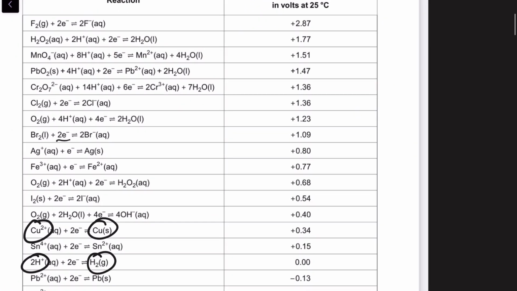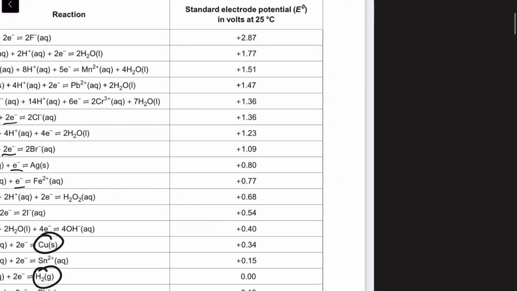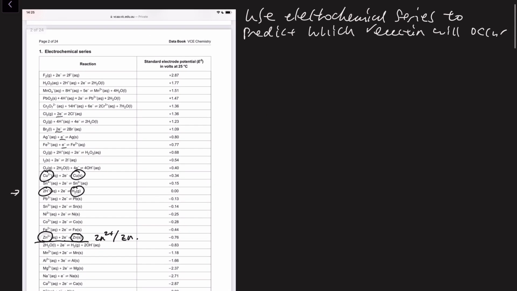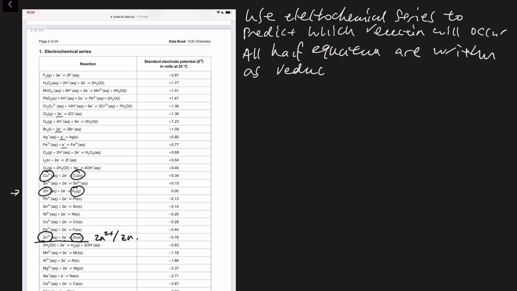As you can see, all half equations are written as reduction half equations.